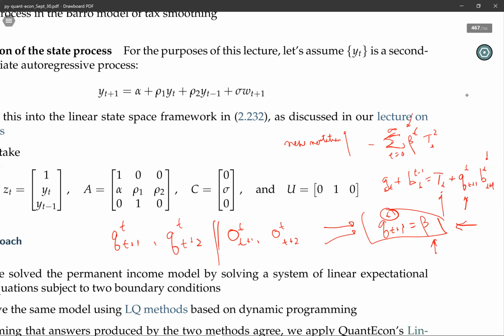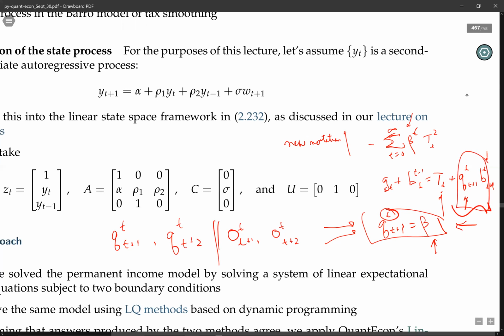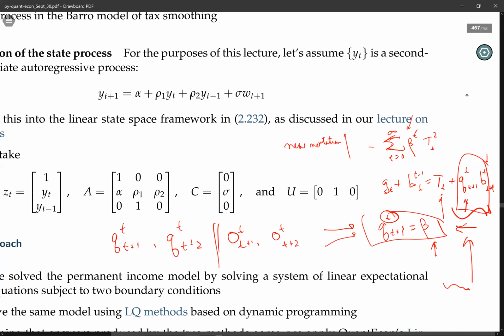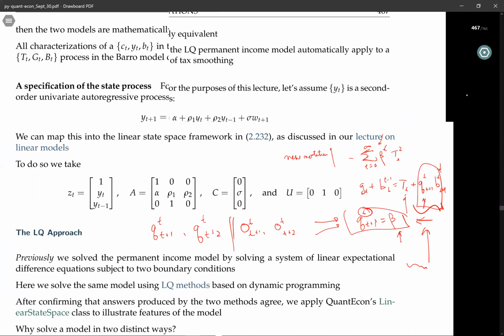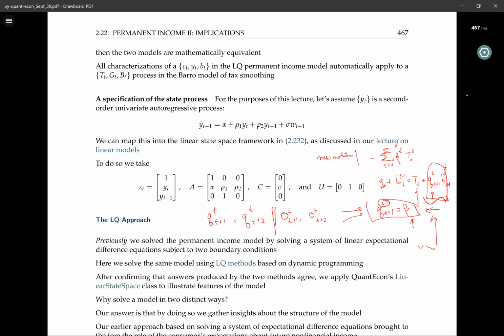To do that, Barro is a good starting point, but we're going to have to add some terms to this along the lines of what we did in the last lecture. It's going to turn out that the linear quadratic dynamic programming problem is going to allow us to do that pretty easily.